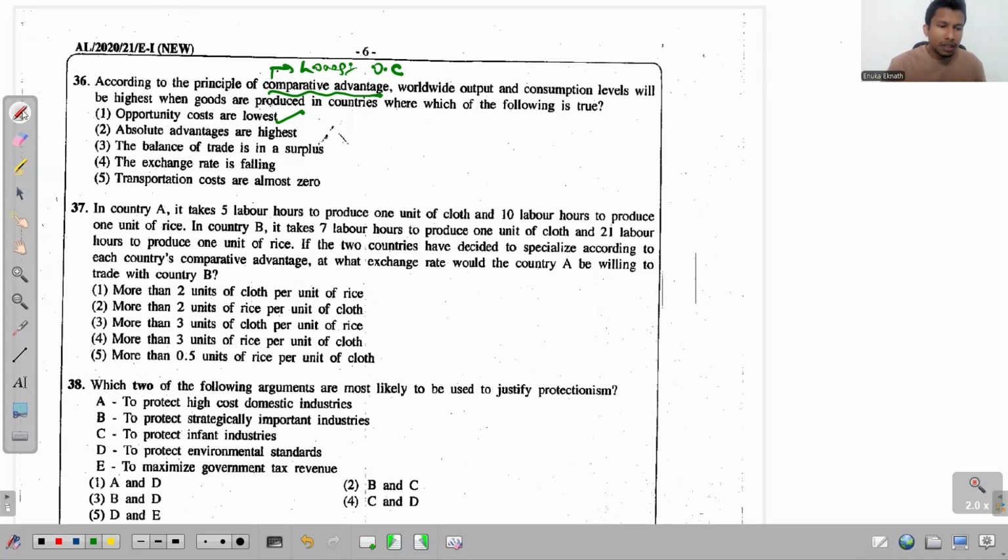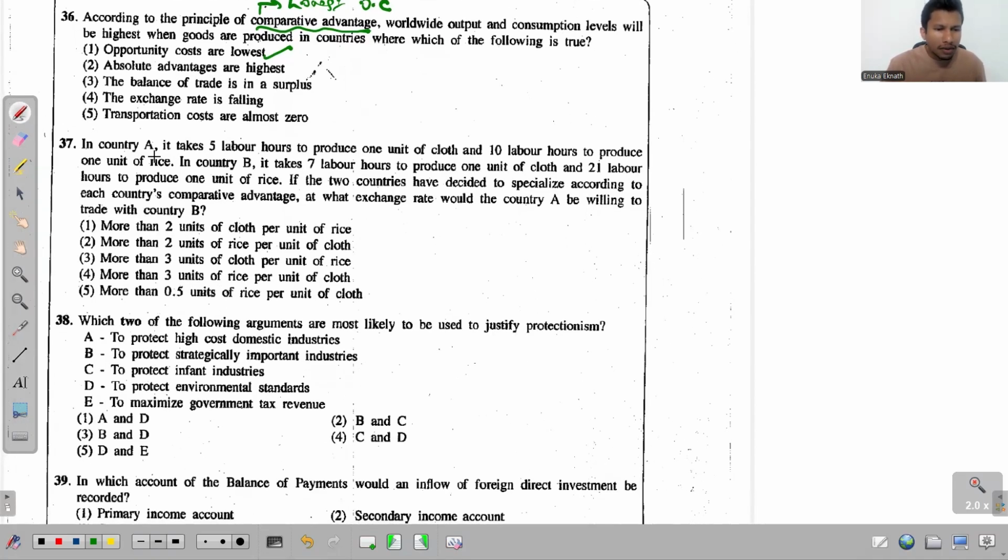Right. Now look at question 37. It says in country A, it takes 5 labor hours to produce 1 unit of cloth and 10 labor hours to produce 1 unit of rice. Okay, the best thing is to tabulate this data.